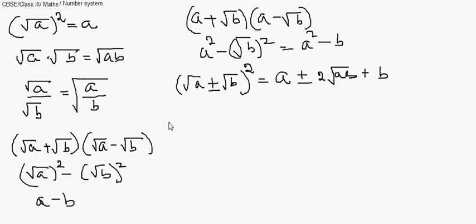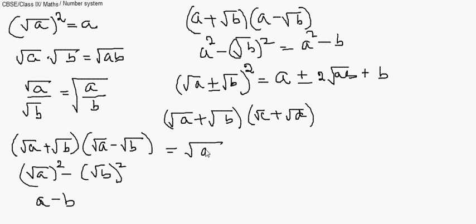And the last one here is root a plus root b multiplied by root c plus root d will be root ac plus root ad plus root bc plus root bd.